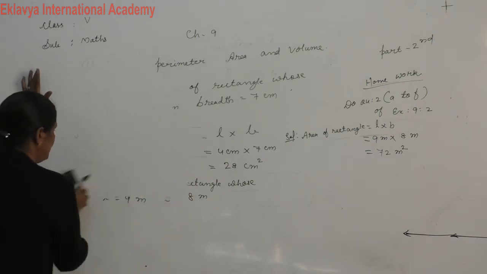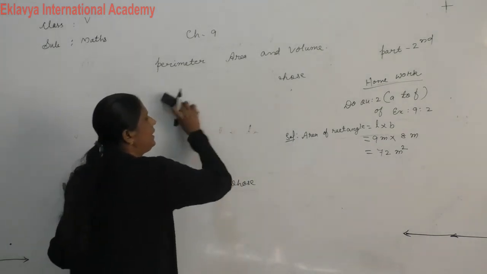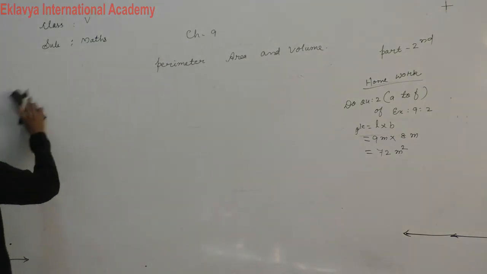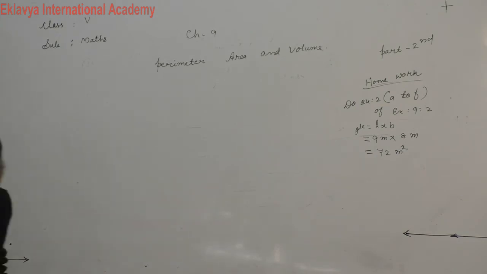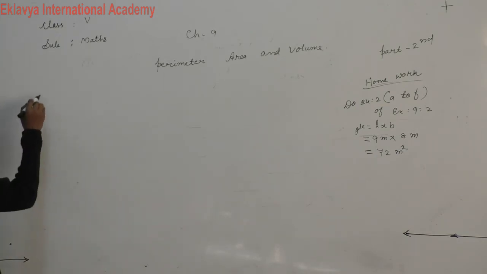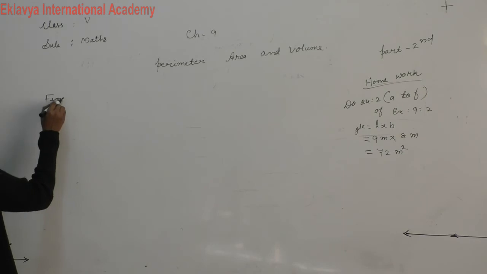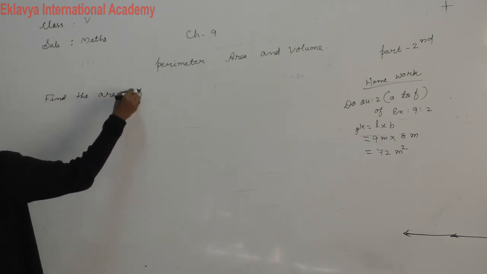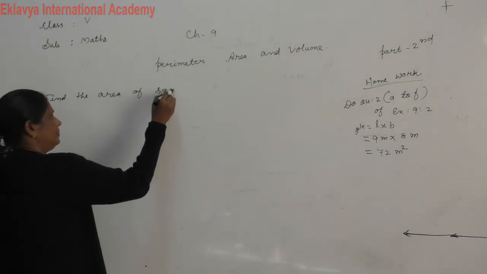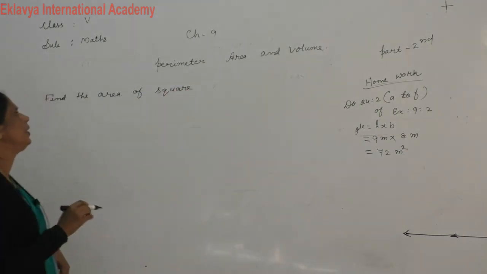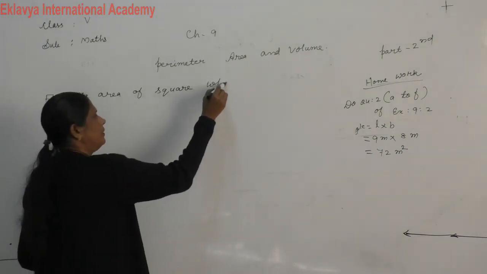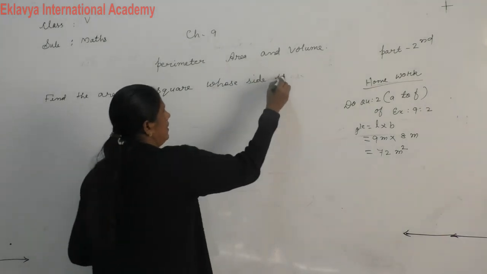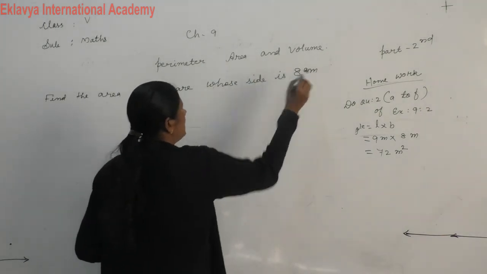Now another question. Find the area of square whose side is 8 centimeter.